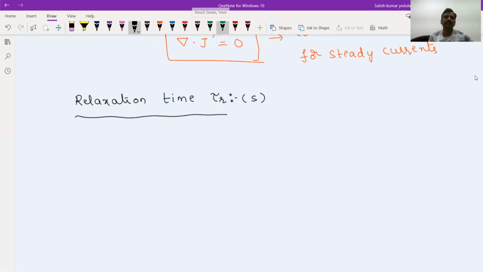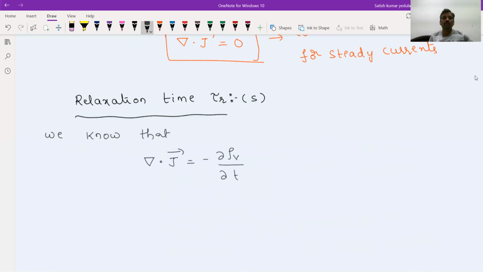For that, let us start with the continuity equation expression that we got. We know that the continuity equation in point form is divergence of J equal to minus ∂ρv/∂t. Call this equation number 1.